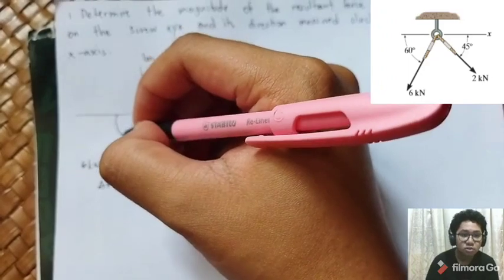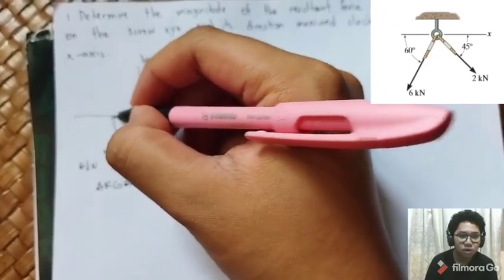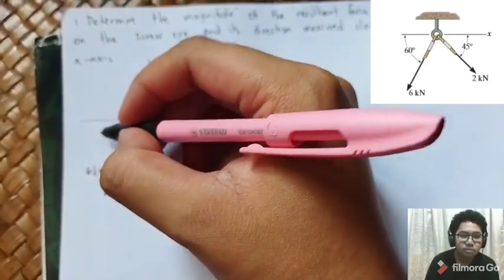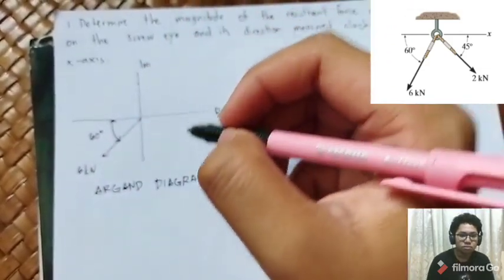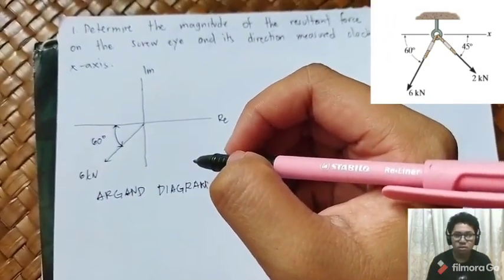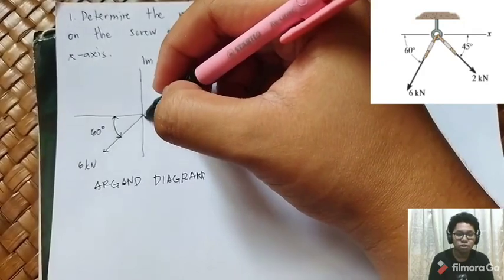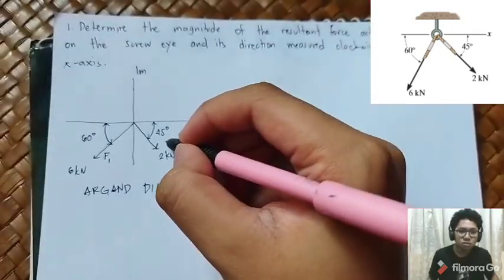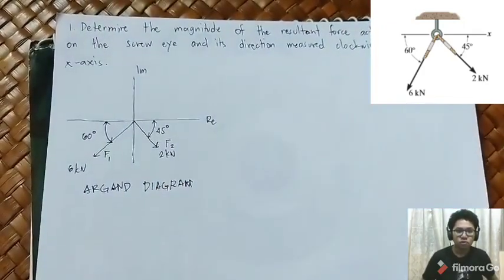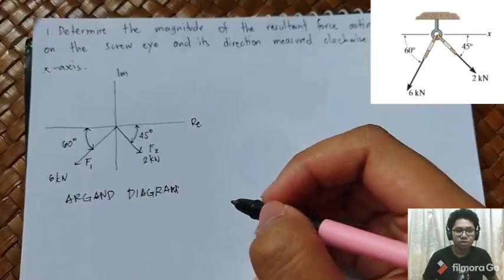So first we will draw our force 1 and our force number 2. We will label them as force 1 and force number 2.